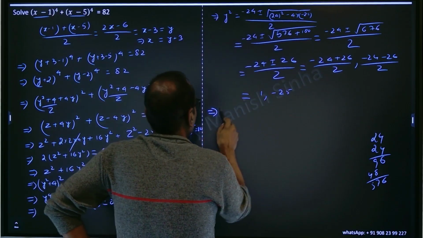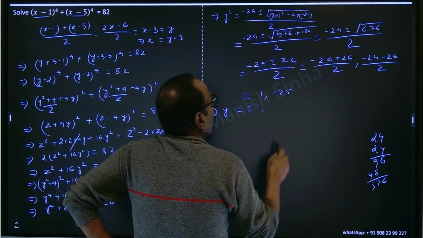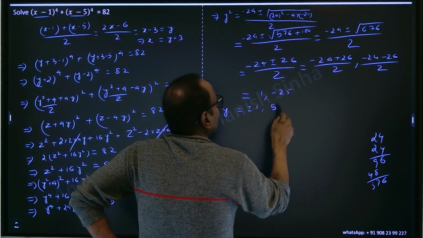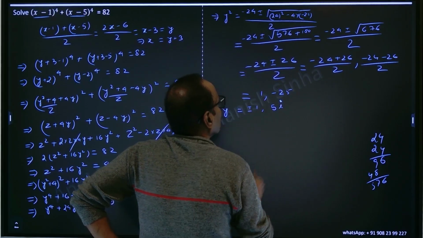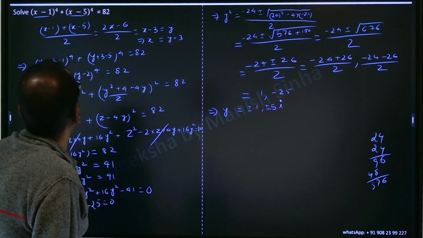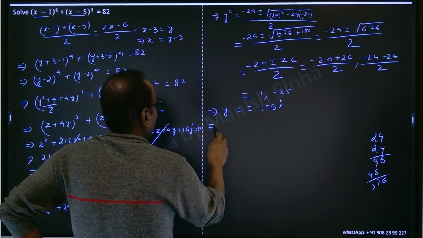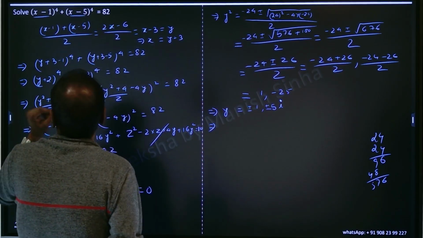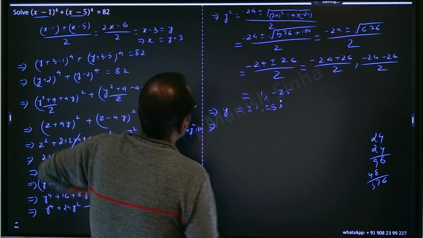So your y is plus minus 1 and plus minus 5i. But what is your y? Y you have taken as x minus 3.